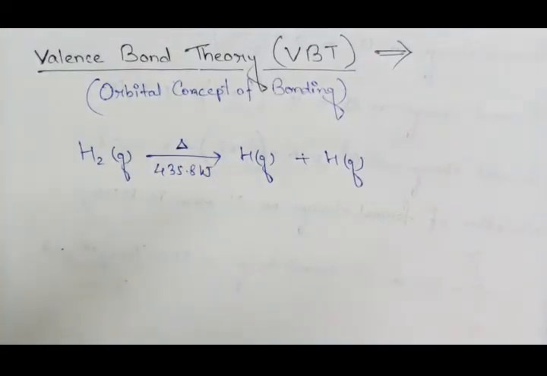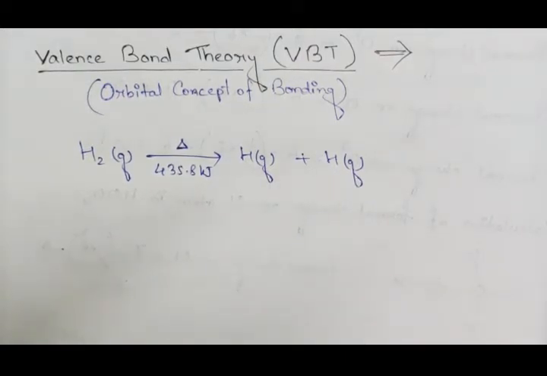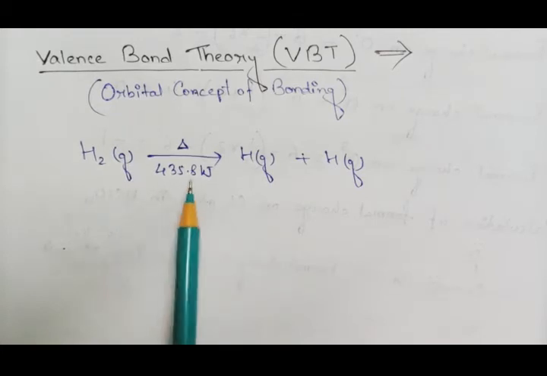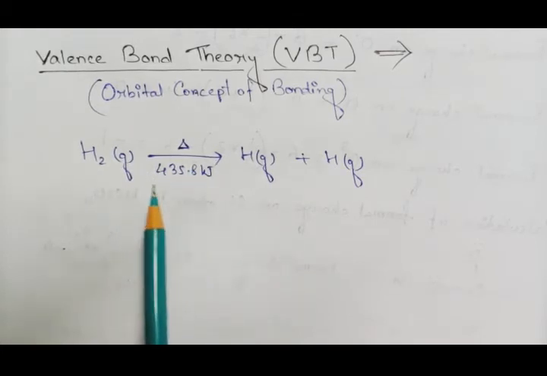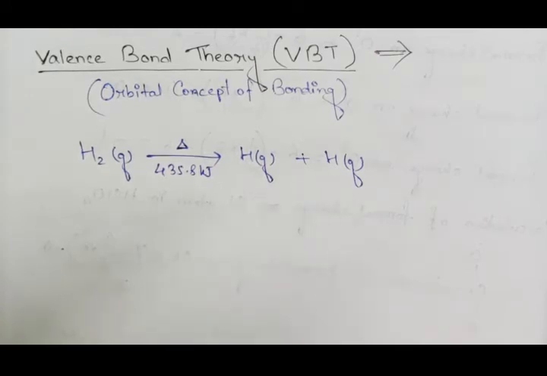This much energy is required to break the bond between two hydrogen atoms and produce two separate hydrogen atoms in gaseous state. So this equation tells us that 1 mole of hydrogen molecules needs about this much energy to get dissociated to form two separate gaseous hydrogen atoms.